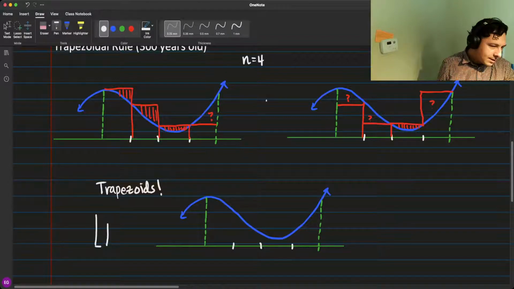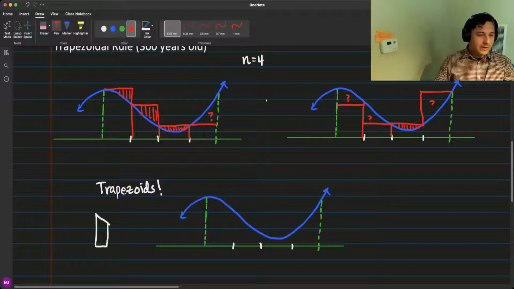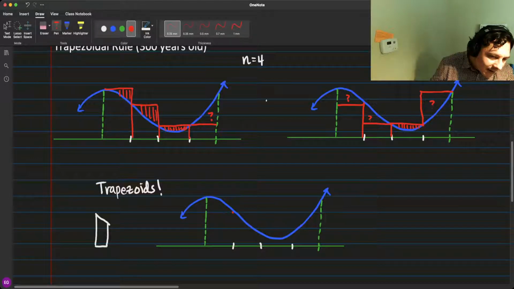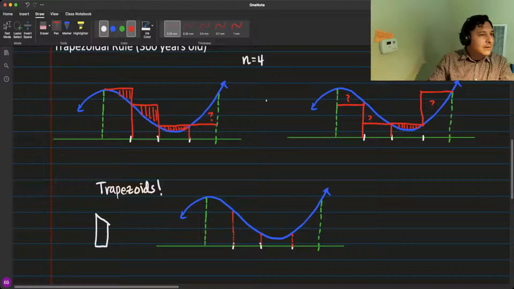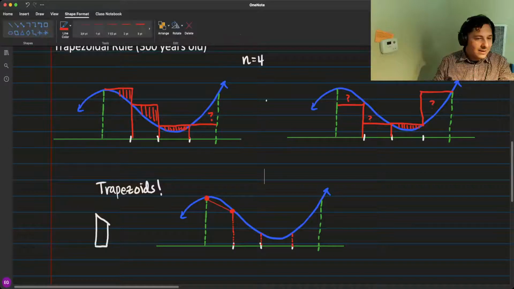So this, for instance, is a trapezoid. And then what you can do is, the lengths of the sides will be determined by the value of the function. Then I'm just going to connect this point right here and that point right there, and that's going to give me my trapezoid. So I'm going to go from here to there.